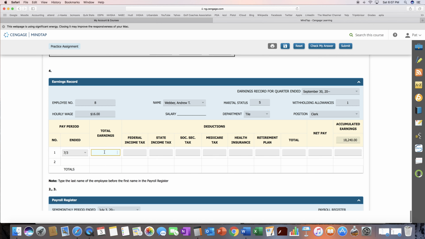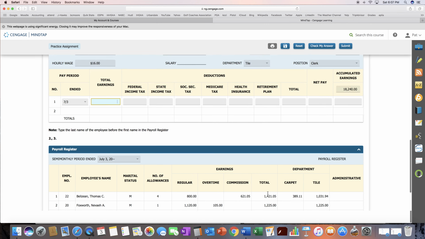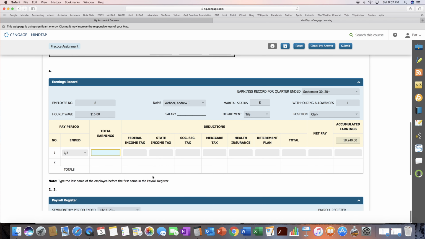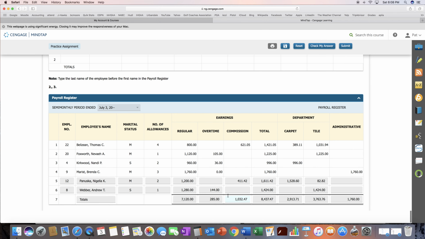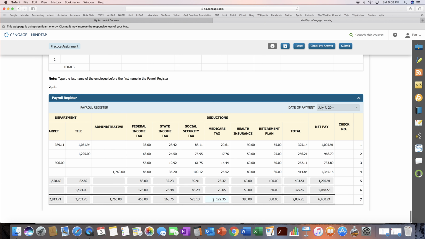And what we found out down here was that his total earnings was 1,424. So you put 1,424. And then all these numbers, federal income tax, state income tax, social security, all this stuff comes directly out of here. 128, 2848, 8829.